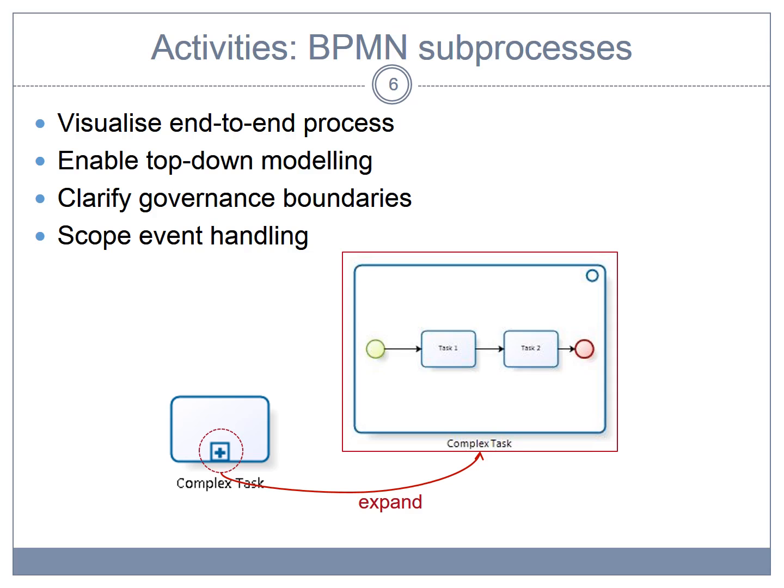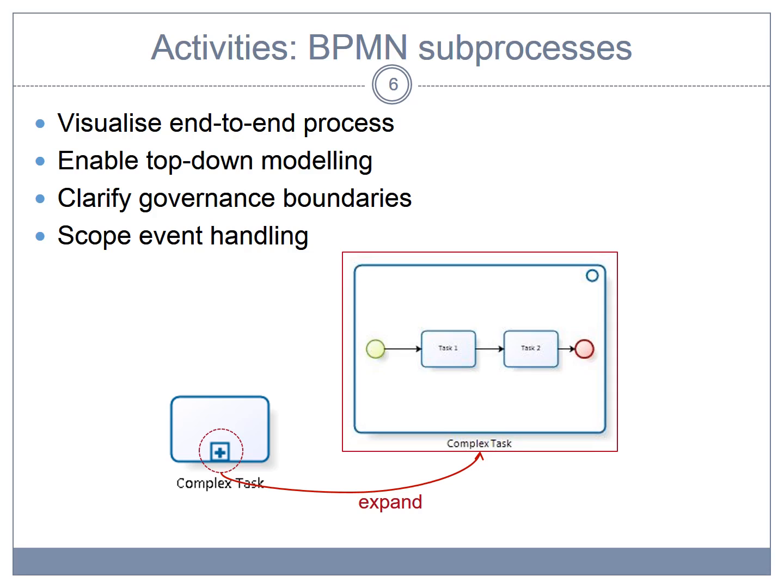Let's now dig a little bit deeper into the subprocesses. Subprocesses are something that you can use if you want to visualize the end-to-end process. The end-to-end process might be way too long to fit on a single page. So what you can do then is to make compartments in that global and entire end-to-end process, and make some kind of high-level abstraction where you can view a number of subprocesses that you can expand later on.